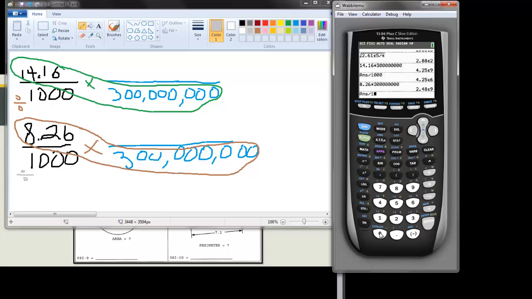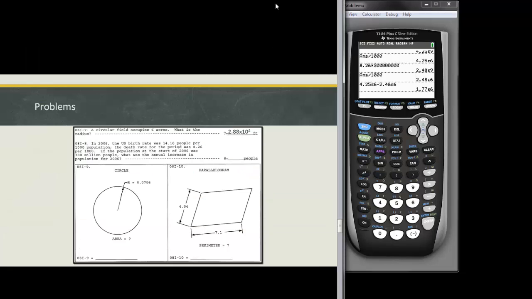Divide that with 1,000. I get 2.48 e to the 6th. I want to subtract the 2. So keep on pushing up, and it should get you to the answer here. For the birth rate minus the death rate. And when you hit enter, you should get 1.77 times 10 to the 6th power.